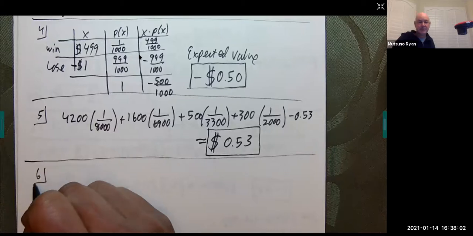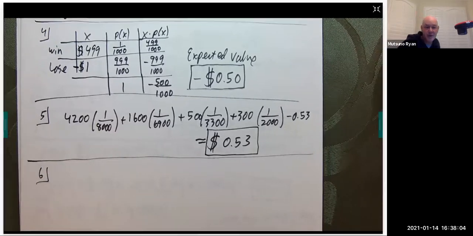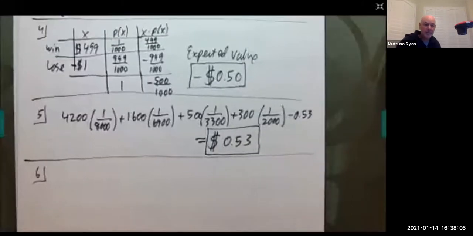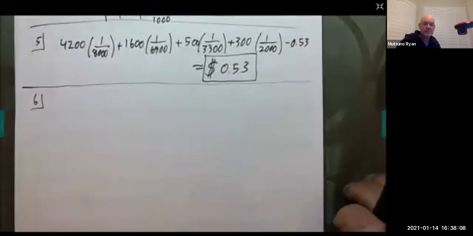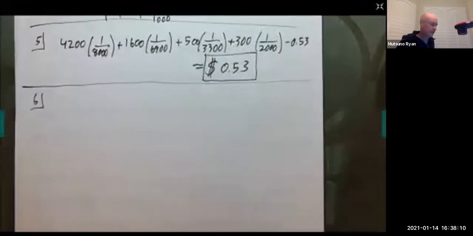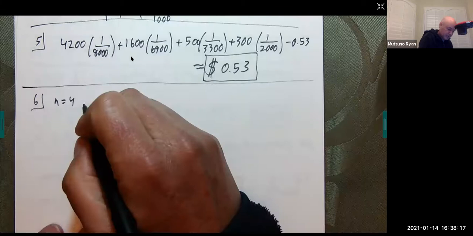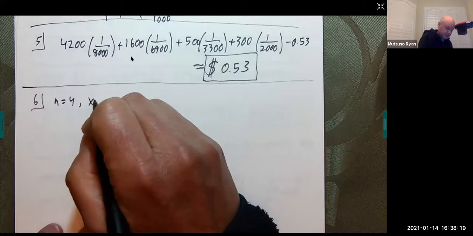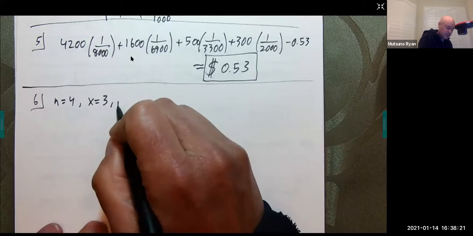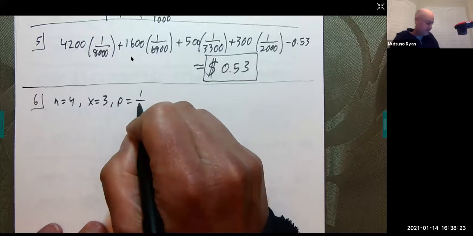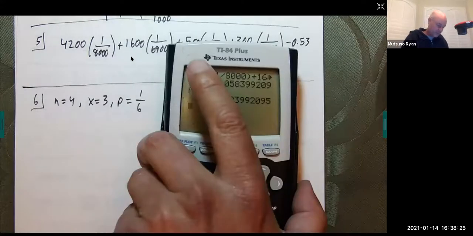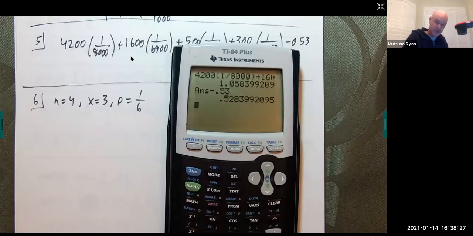Number 6. All right, and we will definitely need our calculator for this one. They're giving us that n is 4, X is equal to 3, and P is 1 over 6. Now, for this one, we're going to use a distribution.